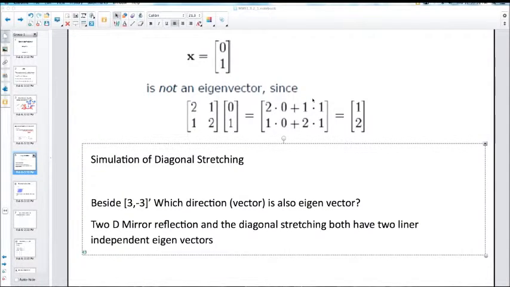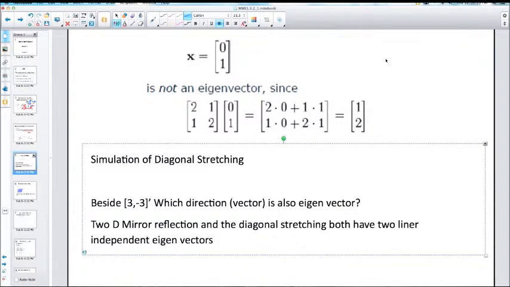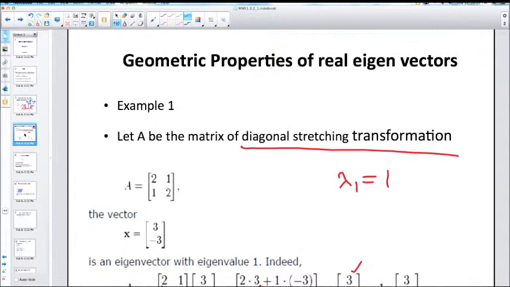Well, if you write down the previous example, the vector 3, negative 3, you know, this is the vector with the purple color, perpendicular. This is the diagonal direction.